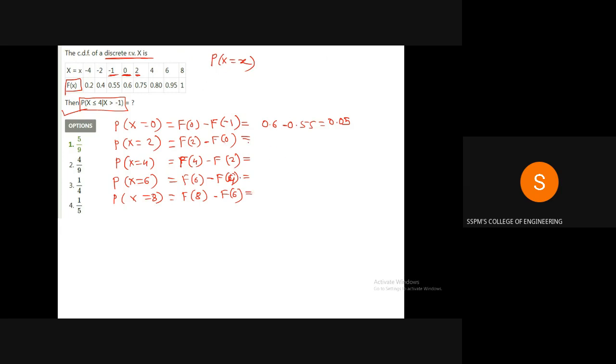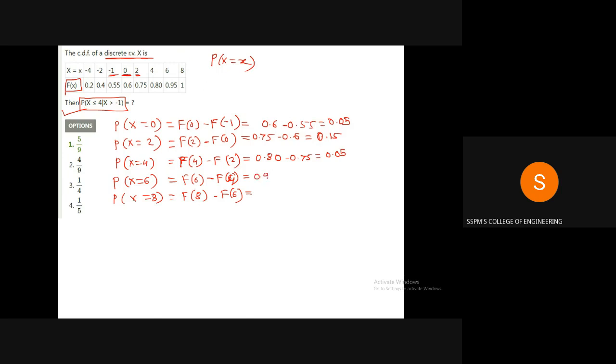So f of 2 minus f of 0 is 0.75 minus 0.6, that is 0.15. Next value is 0.80 minus 0.75, that is 0.05.